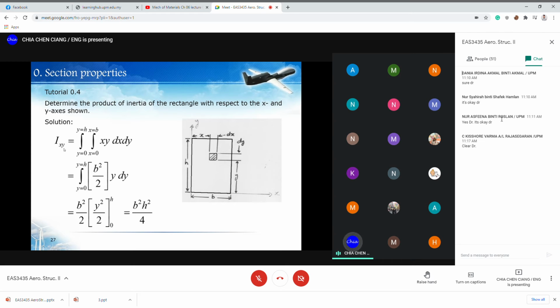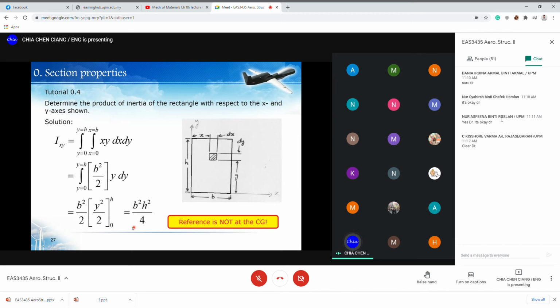The equation is Ixy equals b square h square over 4. And I must warn you that the reference point is not at the CG. If you calculate the Ixy for this rectangular cross-section at the CG, the value is definitely 0.